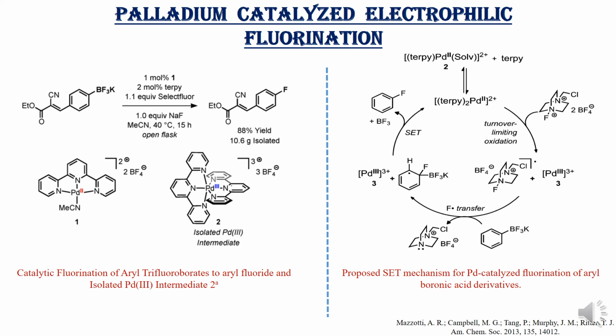The mechanistic studies of this reaction reveal the first turnover limiting oxidation of the bis pyridyl platinum complex 2 by Selectfluor, that affords the platinum 3, this one, and the Selectfluor radical cation, which was further followed by the fluorine radical transfer from the Selectfluor radical cation to the aryl trifluoroborate, which forms the C-F bond and generates a delocalized radical here, which is followed by a single electron transfer process, and we get our aryl fluoride here, and the catalyst is regenerated.